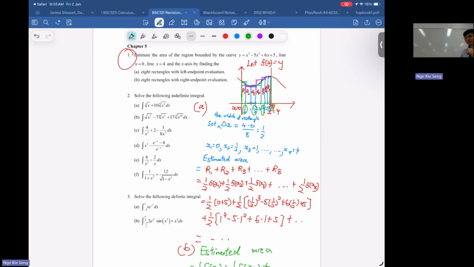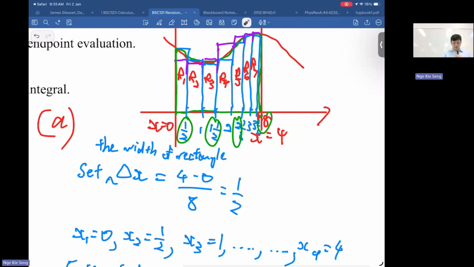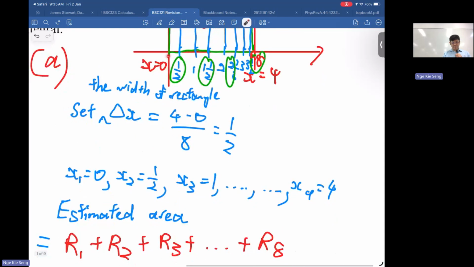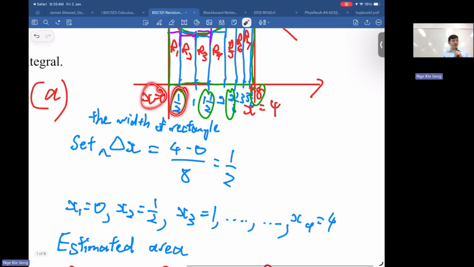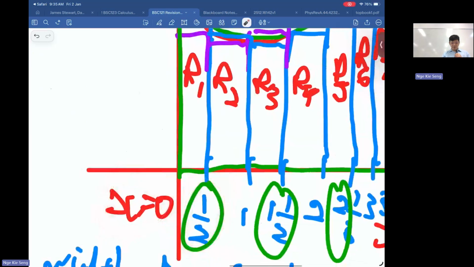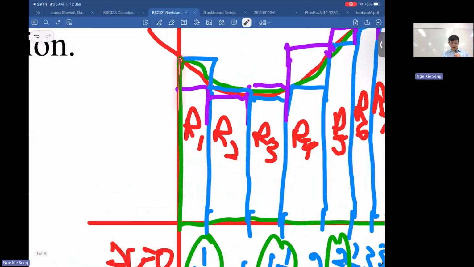So to check about this left and right, you need to figure out your rectangles first. Okay. Figure out the 8 rectangles. And then inside each rectangle, there is a left and right end for your width. Picking a different endpoint will give you a different height of this rectangle.